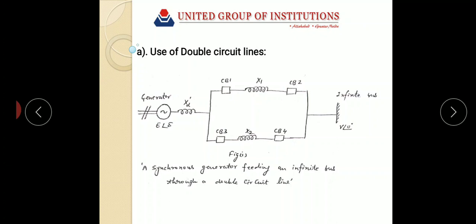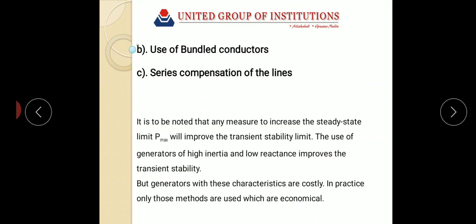Okay. The next point is the use of bundled conductors. As you all know very much about bundled conductors, bundling of conductors reduces to a considerable extent the line reactance and so increases the power limit of the line. Next is the series compensation of the line.